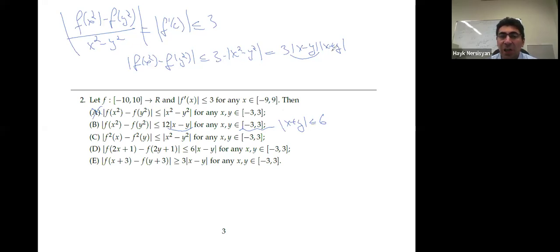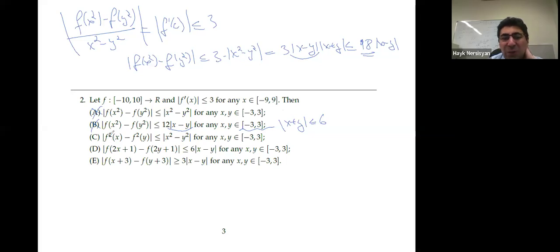Hence, 6 times this, x plus y, x minus y, sorry, is smaller or equal than 18, not 12. With 12, again, the statement is wrong.